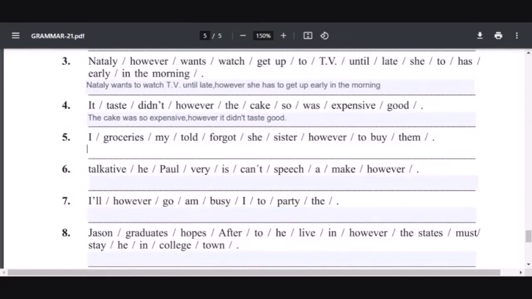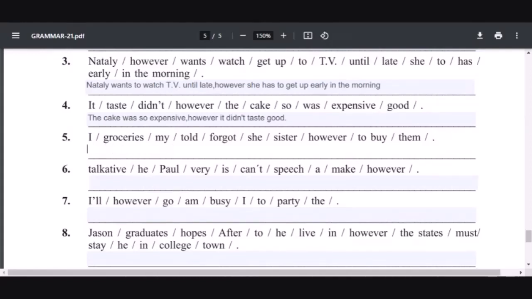Buying groceries, my sister, however, forgot to buy them. I start with I forgot? Okay. I forgot to buy groceries. No, my sister groceries.